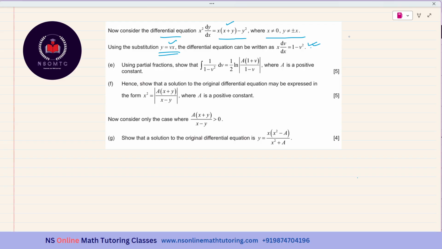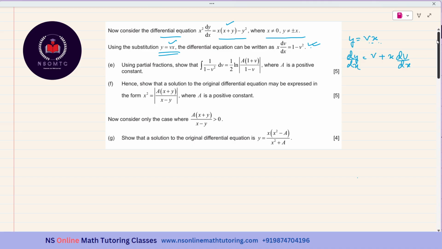So y equal to vx, and we are doing the implicit differentiation with respect to x. So it is dy dx, and we'll be using the product rule. So it will be v when we are differentiating the x, and when we are differentiating v, it is x dv dx. So we are applying the product rule over here.